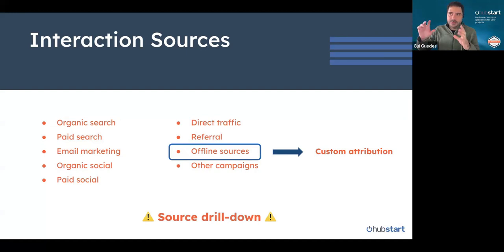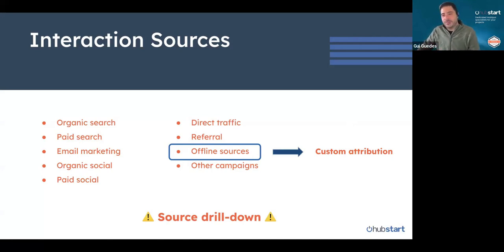Sometimes it's tagging all your imports with a property, for example. Sometimes it's just creating different types of automation so that if a customer got created like this and that, you will see, for example, that this offline source has a little bit more information.